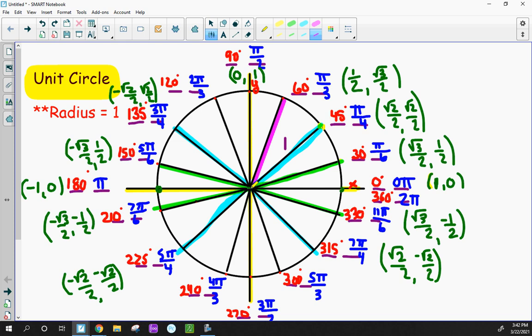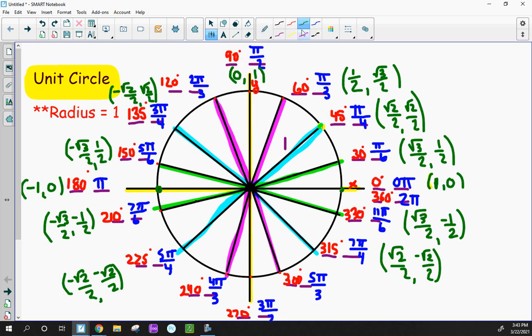So any radius that's close to the y-axis, that's a good way to think about it, has a similar ordered pair. Okay, so at 60 degrees, at 120 degrees, down here in the third quadrant it would be 240 degrees. See how it's close to the y-axis? And 300 degrees. These have similar ordered pairs.